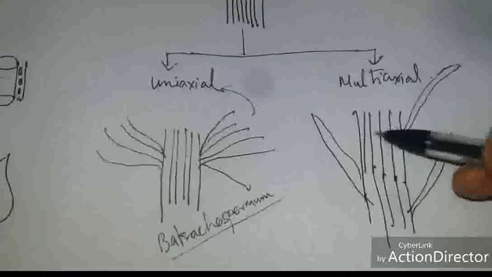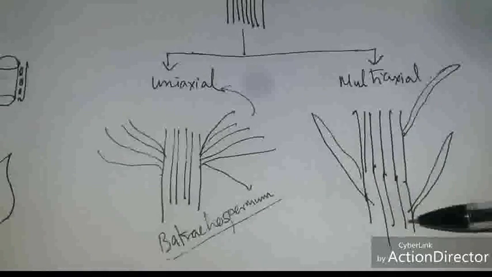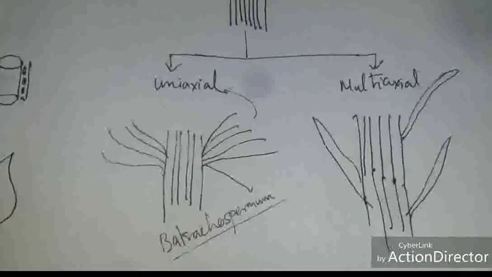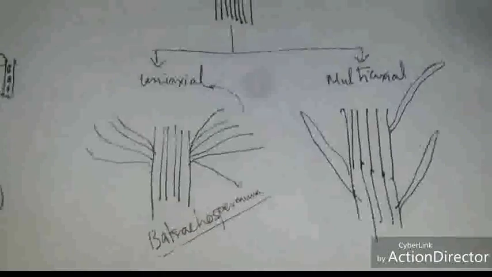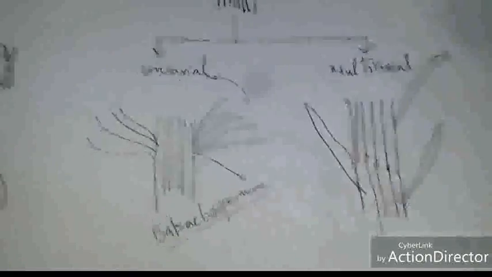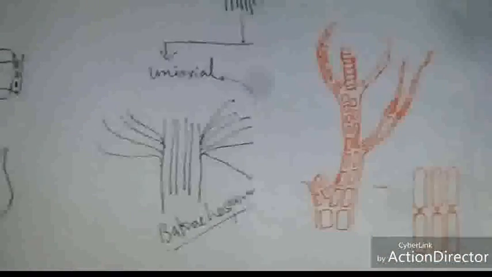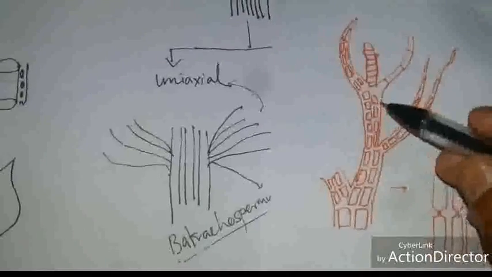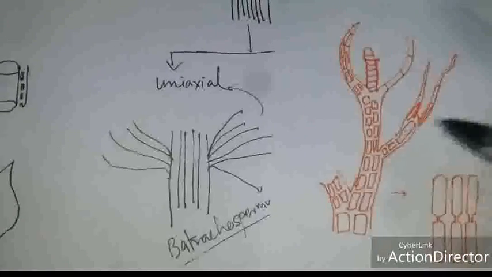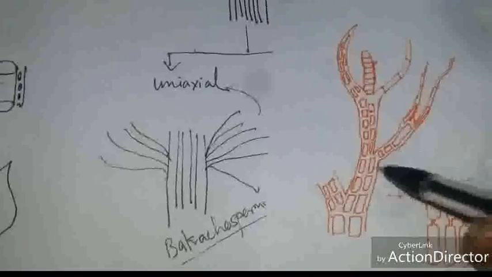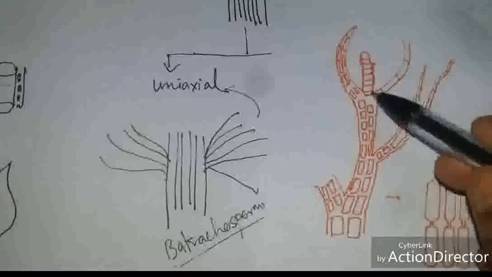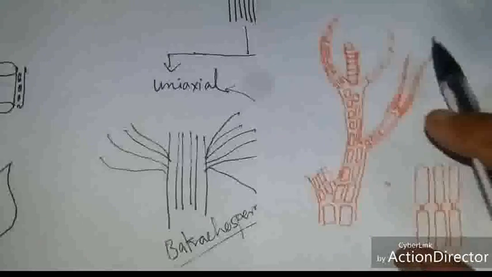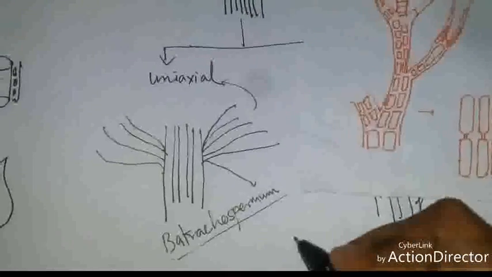So here the node regions are invariable. An example of this type of algae is Polysiphonia. Here it is a main branch and the lateral branches arise from different nodes. So it is an example of Polysiphonia.